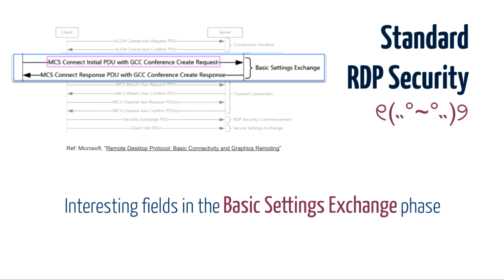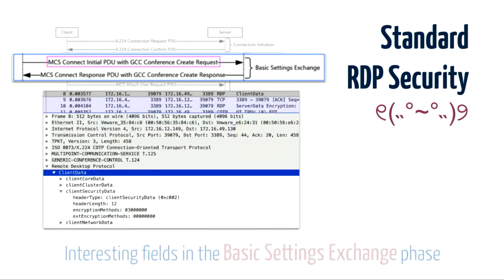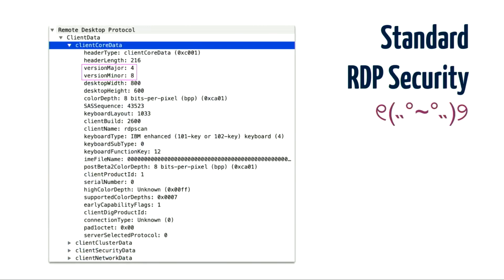There's a message called the Connect Initial PDU, which includes another message, the GCC Conference Create Request. This message has four structures, as you can see here: core data, cluster data, security data, and network data. Let's have a look at these fields. By the way, you can use the data in core data for hunting.